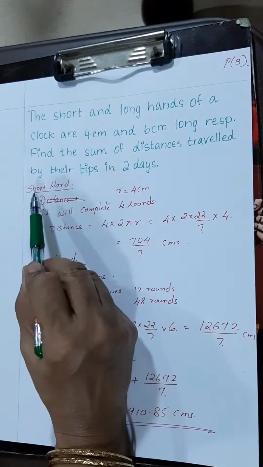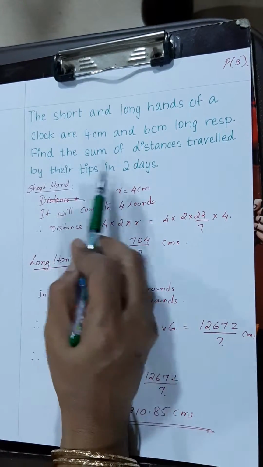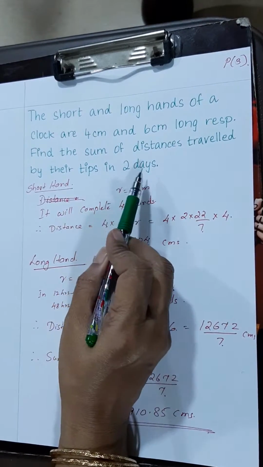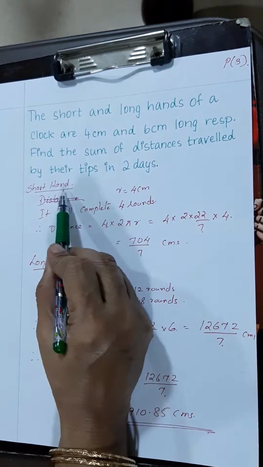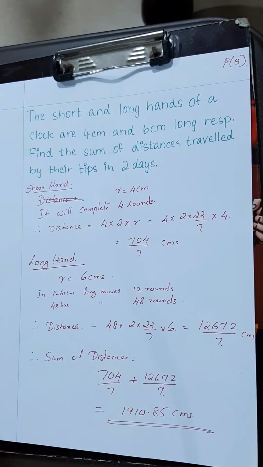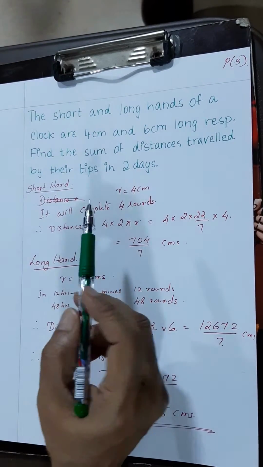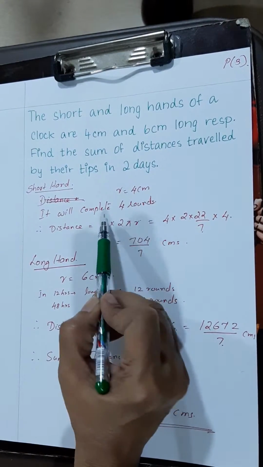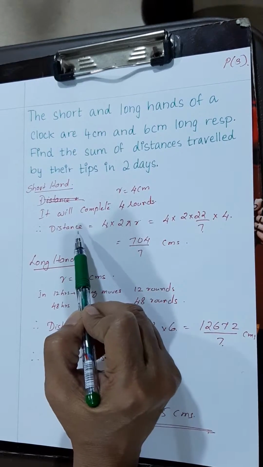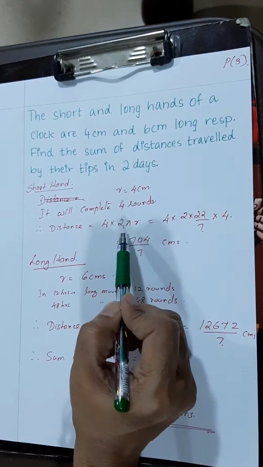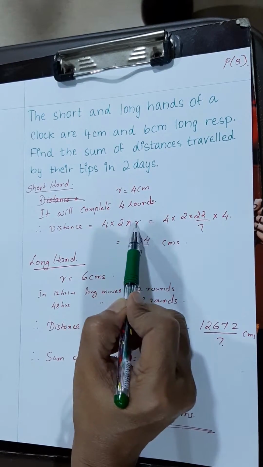Both the short and long hands are moving for 2 days. The short hand in 1 day, 24 hours, will go around 2 times. So in 2 days, it will go around 4 times, 4 rounds. So the distance is 1 round equal to 2 pi r, the circumference of the circle. So 4 into 2 pi r.